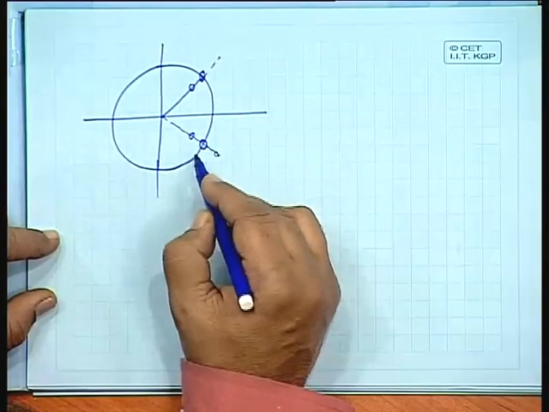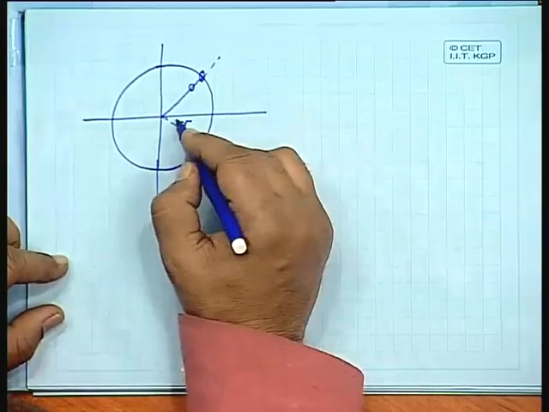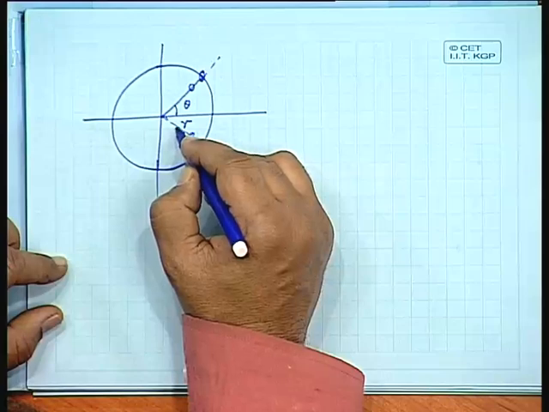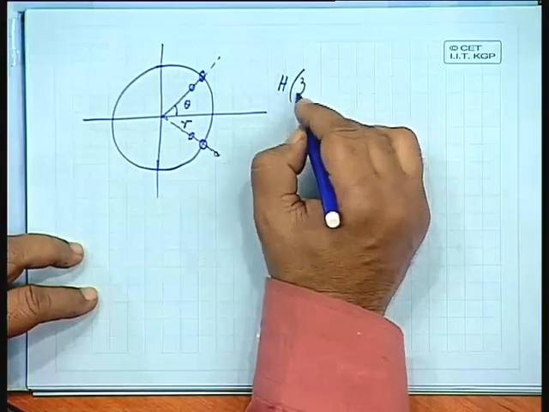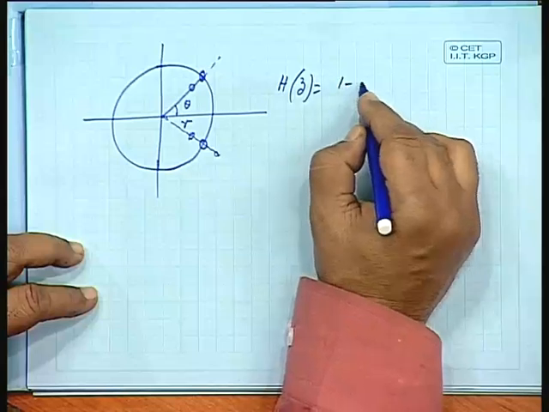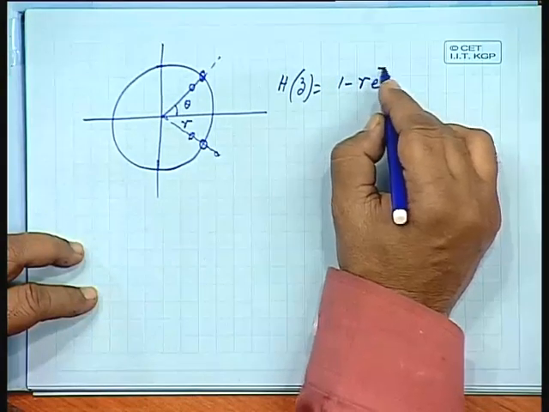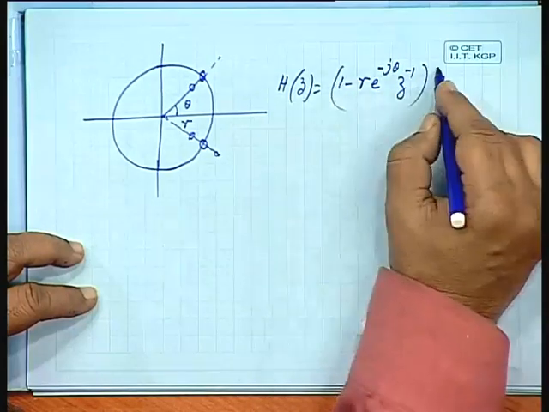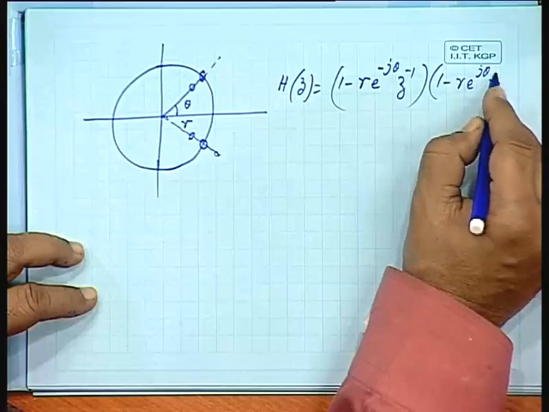So, in general let the distance be r. So, r e to the power j theta, r e to the power minus j theta, these are the two roots. So, the polynomial H(z) will be 1 minus r e to the power minus j theta z inverse into 1 minus r e to the power plus j theta z inverse.